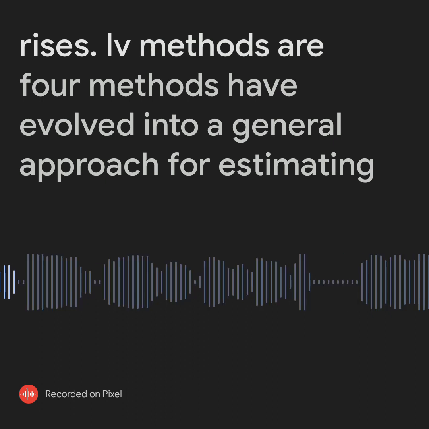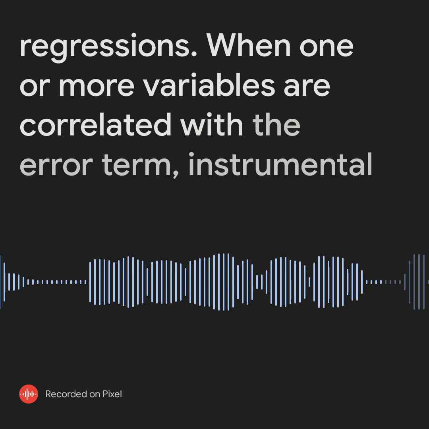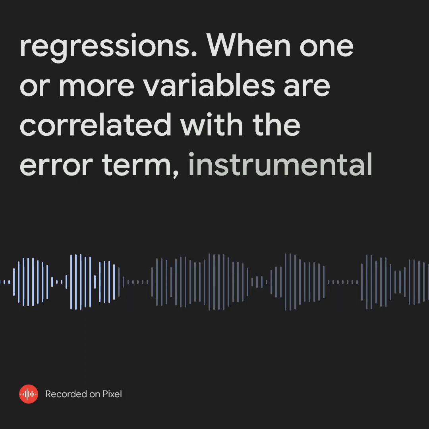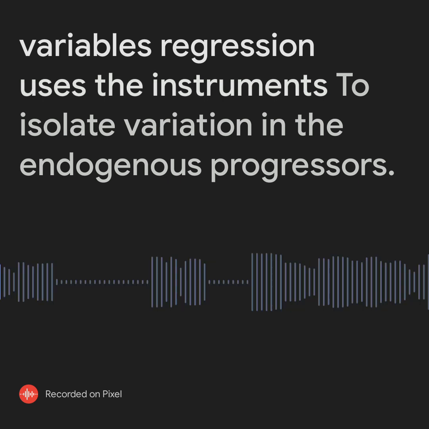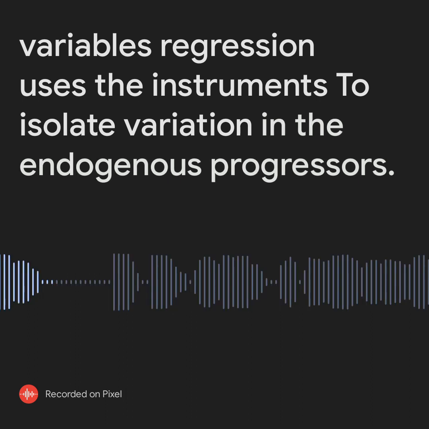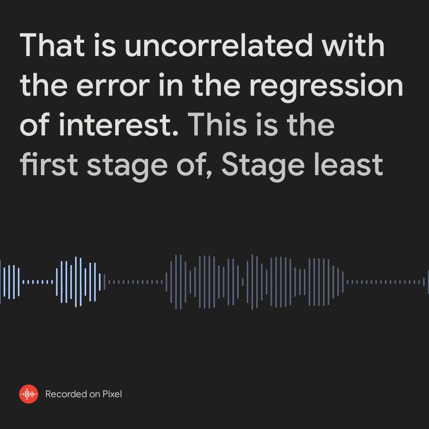IV methods, or IV methods, have evolved into a general approach for estimating regressions. When one or more variables are correlated with the error term, instrumental variables regression uses the instruments to isolate variation in the endogenous regressors that is uncorrelated with the error in the regression of interest.